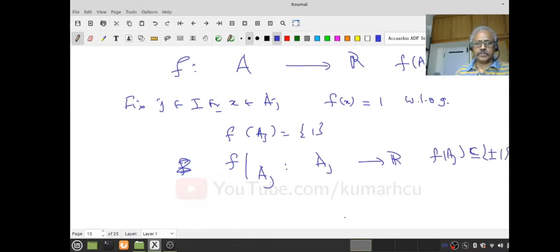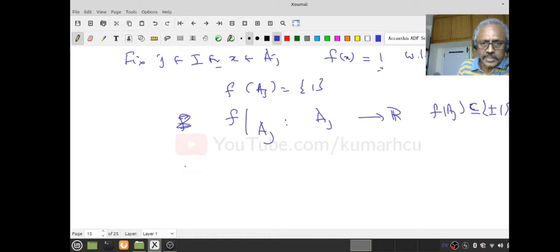Now by fact 1, f is a function from A to R and Aj is a subset of A. Therefore when I restrict f to Aj with the subspace topology, what should happen? Since Aj is connected, it must be a constant, so call that constant 1. You follow that? So we are using fact 1.